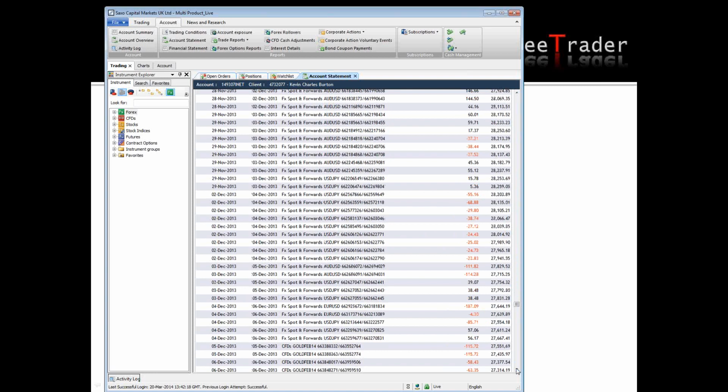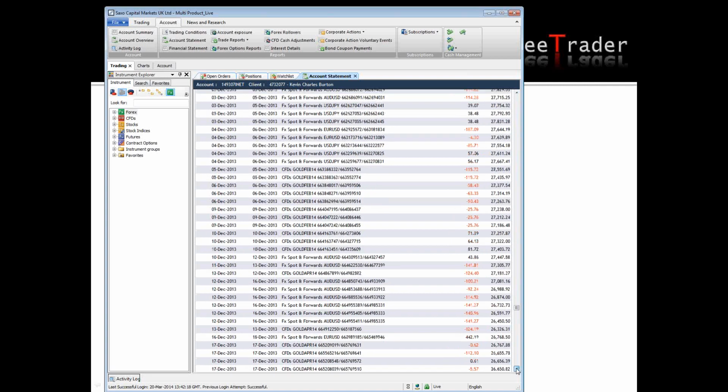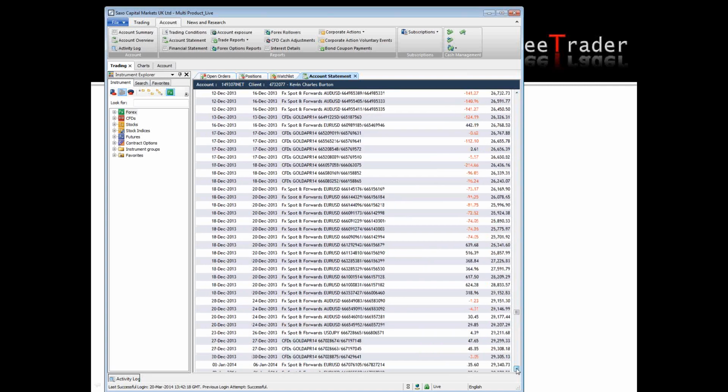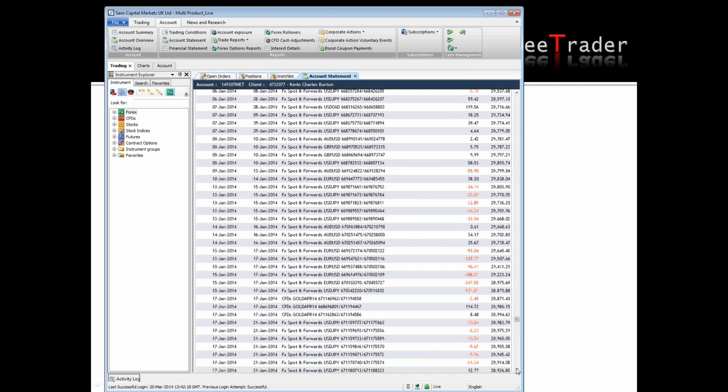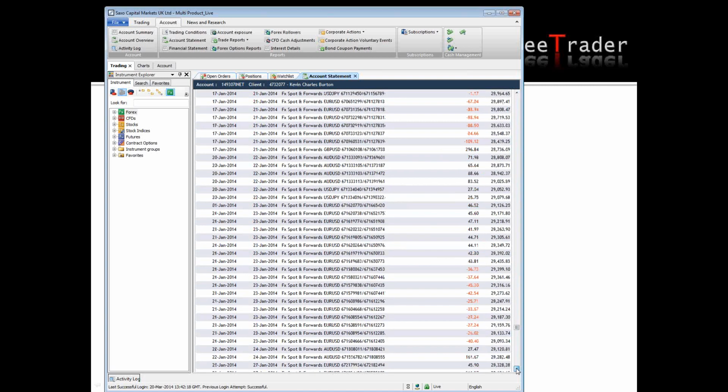They'll just put it on a spreadsheet and say, look, this is how much I made. Actually show all of the trades on a real account and see how that account's going. So you can see plenty of losers and winners along the way.